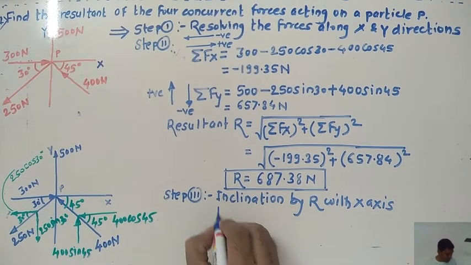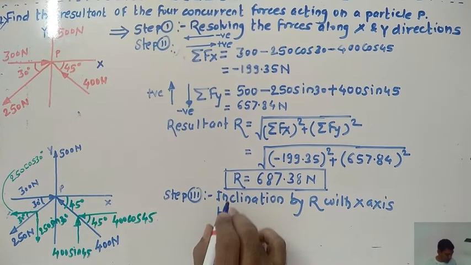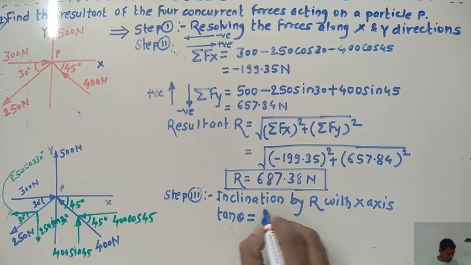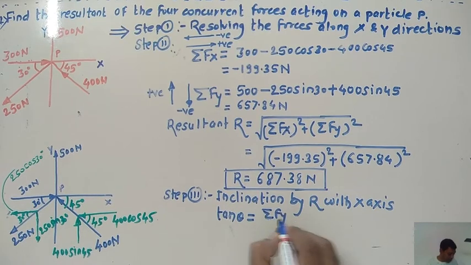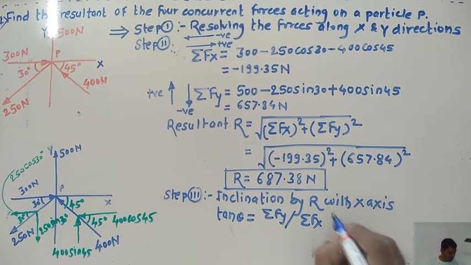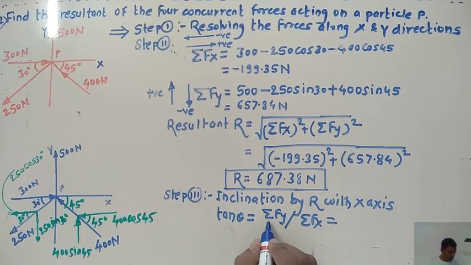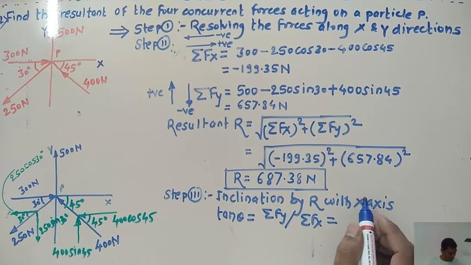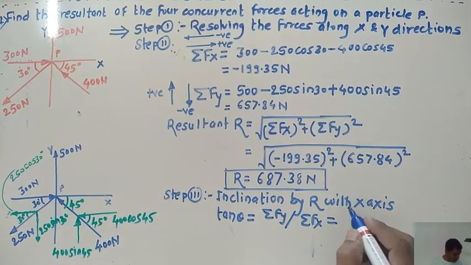As per our previous discussion related with the previous problem, we know this formula, tan of theta equals to summation of Fy divided by summation of Fx. This is the formula with us. Now substitute the value for the summation of Fy and summation of Fx. Don't forget to consider this sign.